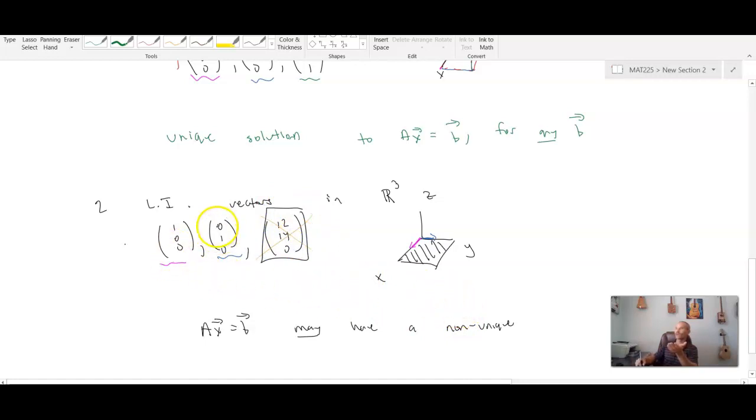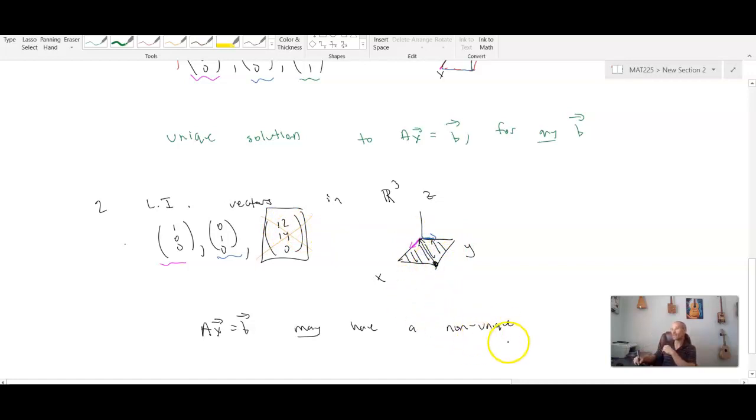So if 1, 0, 0 and 0, 1, 0 allow me to make it to any point along this plane, then I'll be able to get back home to the origin with the 12, 14, 0 vector. So for example, if I took 12 times this plus 14 times this, and I took -1 times this, that would allow me to get out here to 12, 14, 0, and then this vector would allow me to make my way back to the origin.